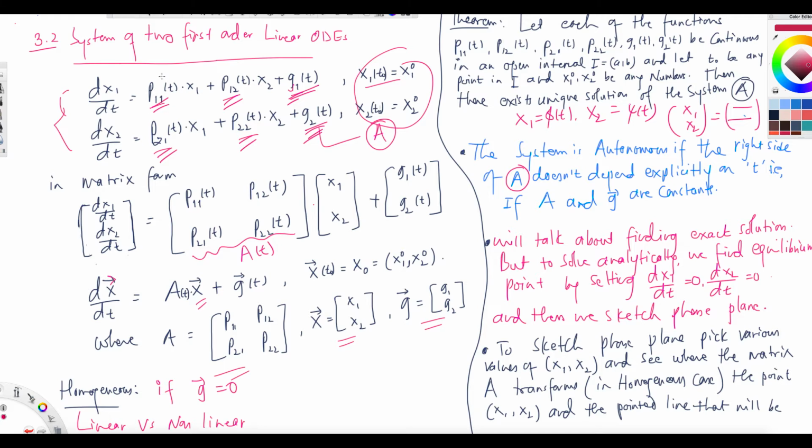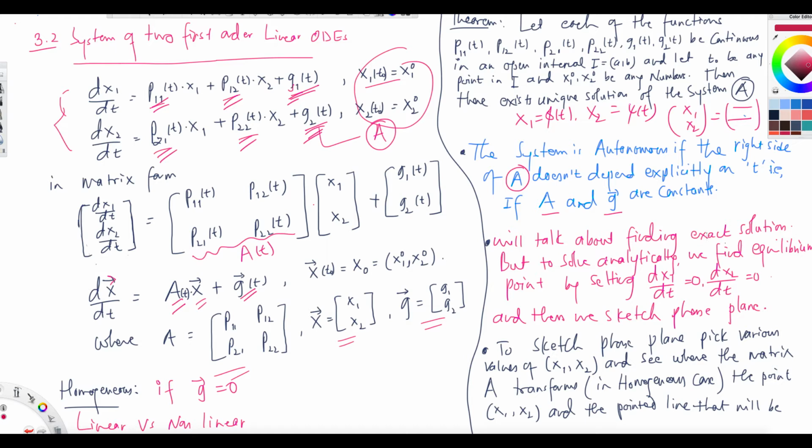But if p11, p12, g1, p21, p22, g2 are just numbers, you will see something like 3x1 plus 5x2 plus 1, so there is no explicit t there. In that case we call this system autonomous, otherwise it is non-autonomous. In other words, if matrix A and matrix G have just numbers, then we call that an autonomous system.